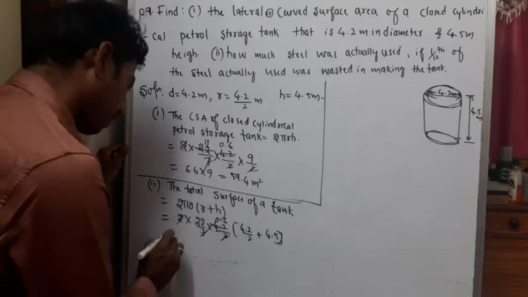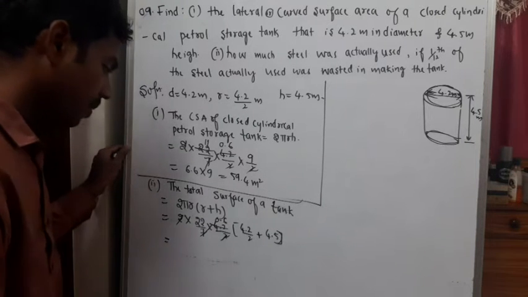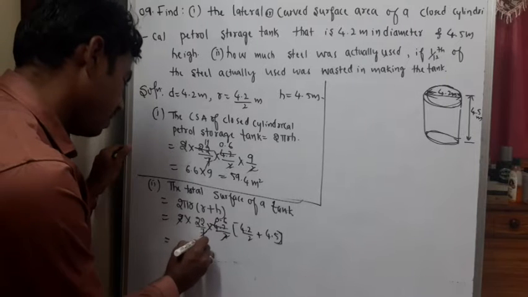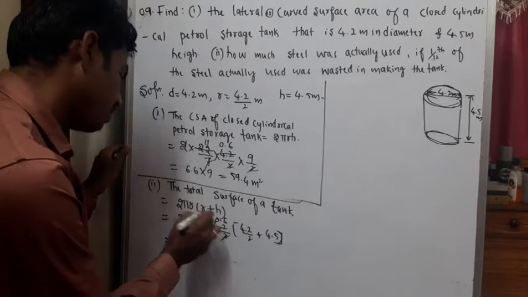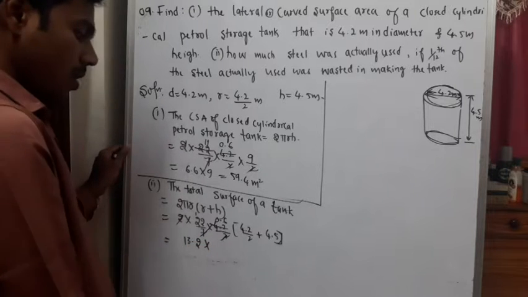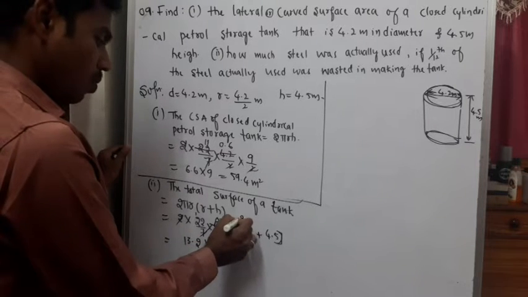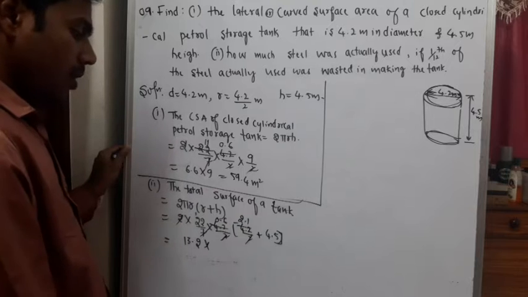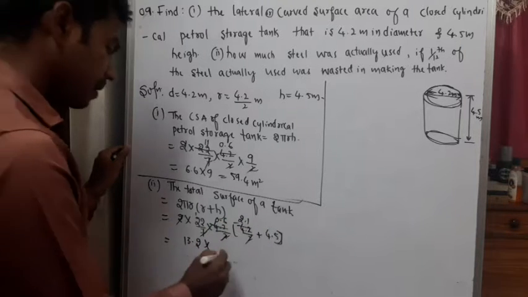Now I'll continue here. 6 2s are 12, carry 1. 6 2s are 12 plus 1, 13, that is 13.2, into 2 1s are 2, 2.1. 4 plus 2, 6, 6.6.